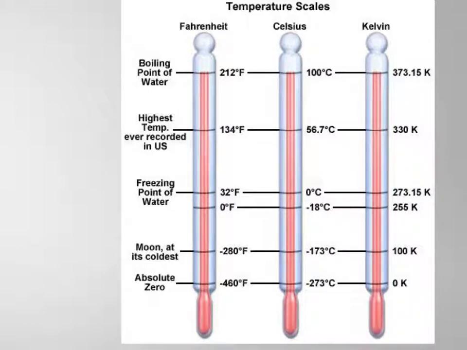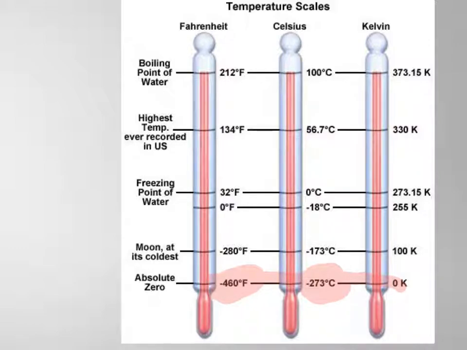So 0 Kelvin is called absolute zero. That's the lowest possible temperature. In Fahrenheit, it's negative 460. In Celsius, the one that matters, it's negative 273 degrees. Technically, it's 273.15 below 0 Celsius.